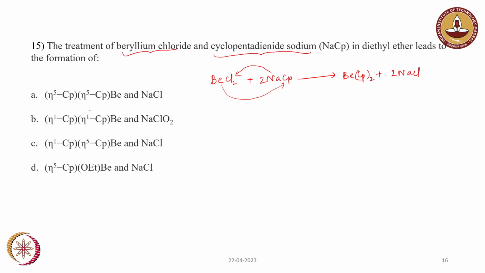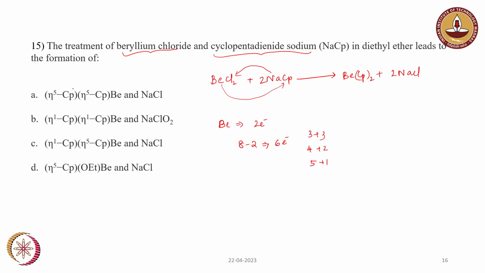The hapticity we can calculate with the 8 electron rule. Beryllium has 2 electrons, so to become 8 electrons, 6 more electrons are needed. So 6, 3 plus 3, 4 plus 2 and 5 plus 1 configurations are possible.